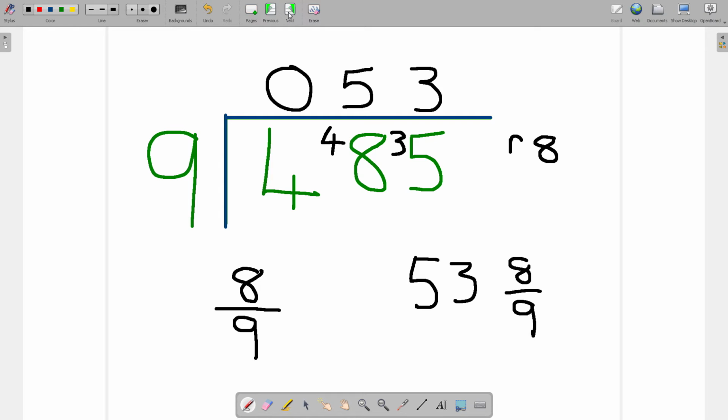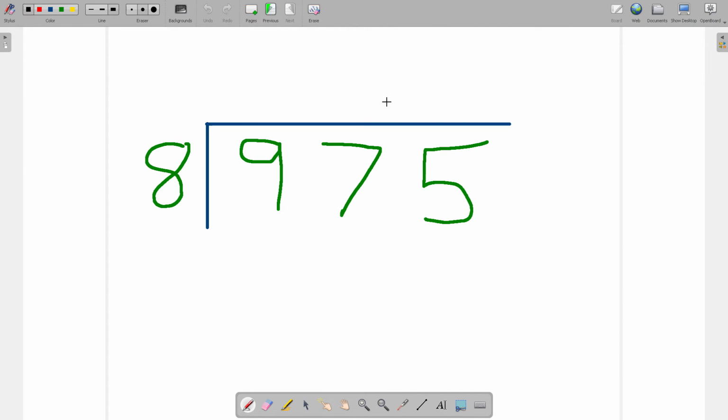Okay, this is our final question, and it's how many 8s are there in 975? So you can press pause now and have a go at doing the question. And we'll now have a look at the answer. Okay, so how many 8s are there in the 9 in the hundreds column? There is 1.